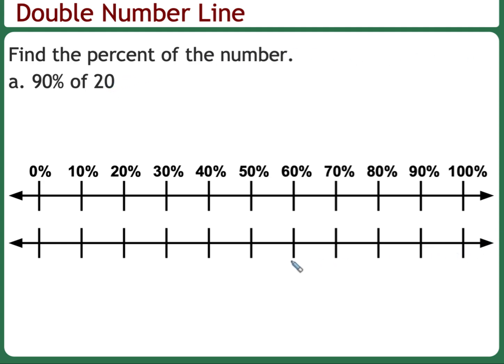Now we don't have to fill in every value in the number line, but we can be smart about it and get to our answer relatively quickly. So if I had 100% of 20, well, that would be 20. So I'm going to put 20 as my 100%. And our goal is to find out what is this 90%.